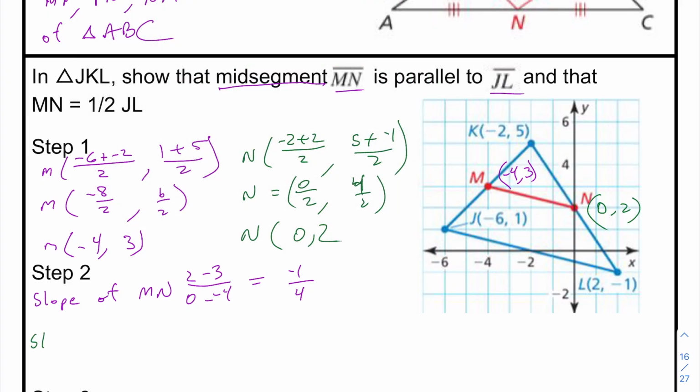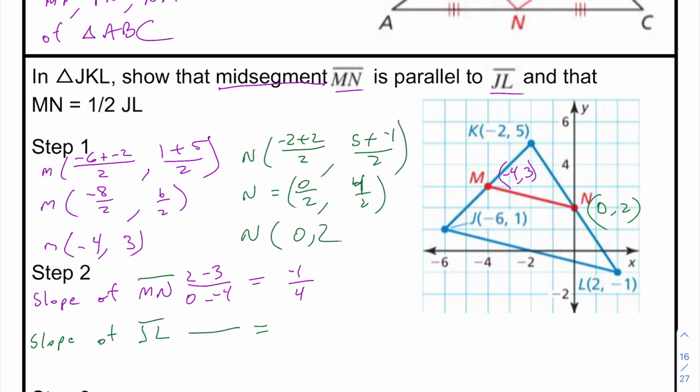Now let's find the slope of, not MN, but of JL. So the slope of JL is going to be negative 6 minus 2 over 1 minus negative 1, equals, well, since I set that up upside down, that's not going to work.